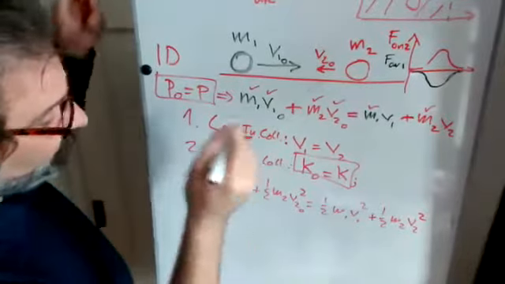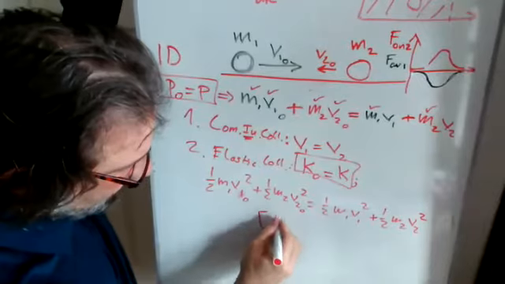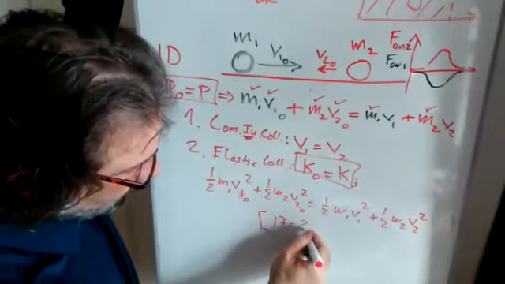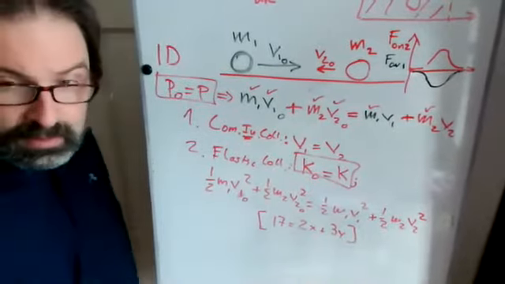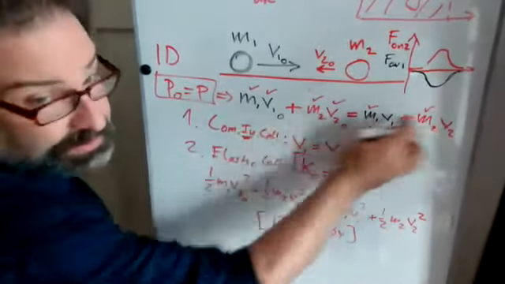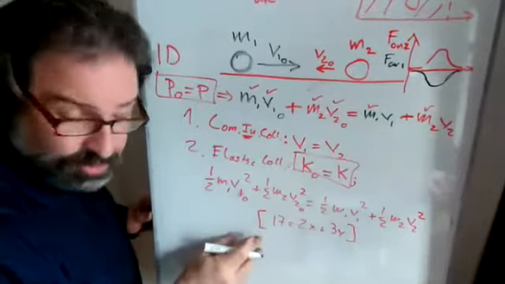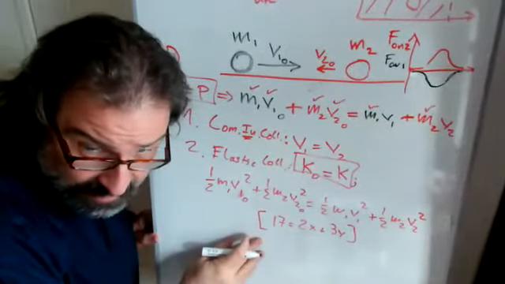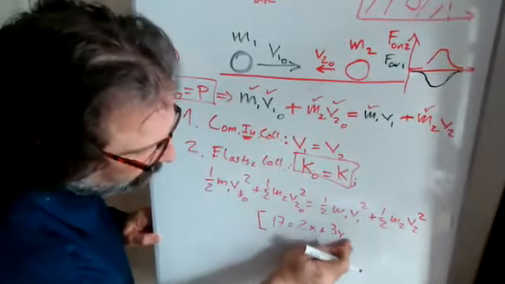So our equation 1 could have been something like 17 is equal to 2x plus 3y. Okay, that's like the first equation up here, our momentum conservation equation, that we've now translated into x and y to explain why mathematically we're in trouble right now, even though you probably think you're in trouble anyway.